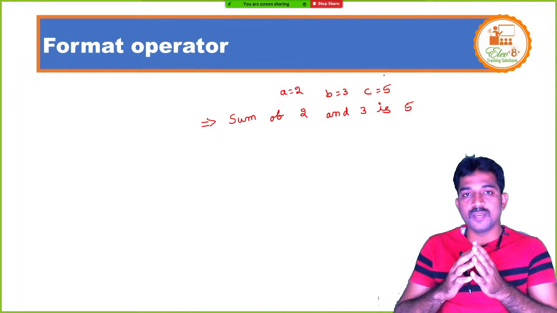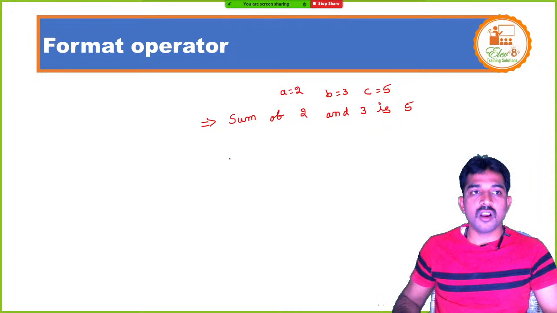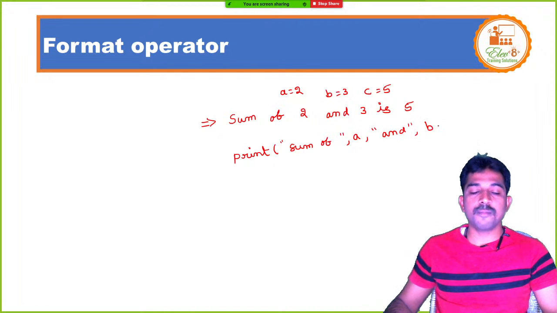You should use it like this: print of, first you write sum of, after that a comma, then a, then and, then b, then is, then c. This is the way you need to handle this kind of situation.